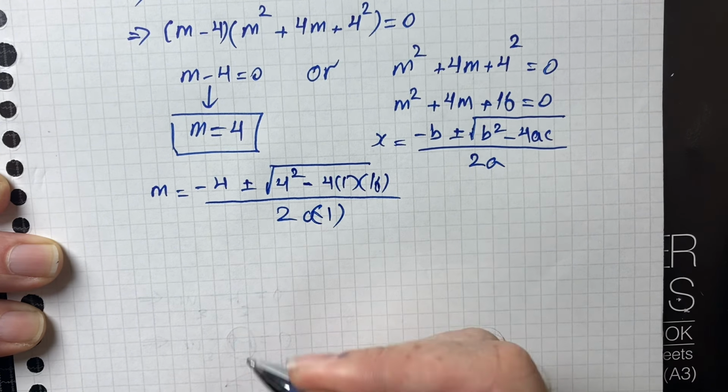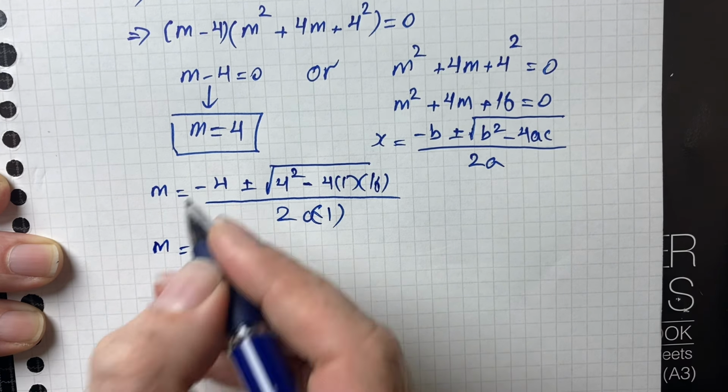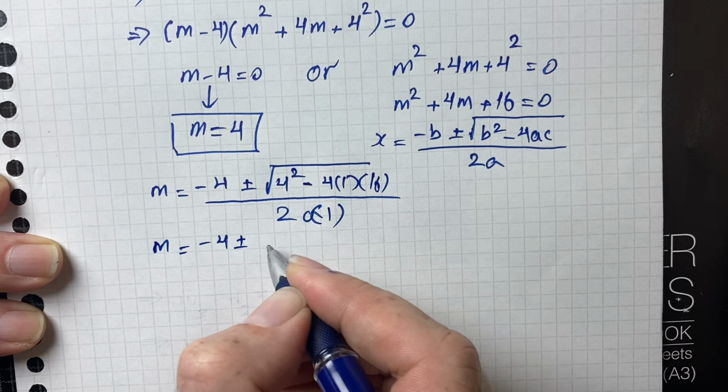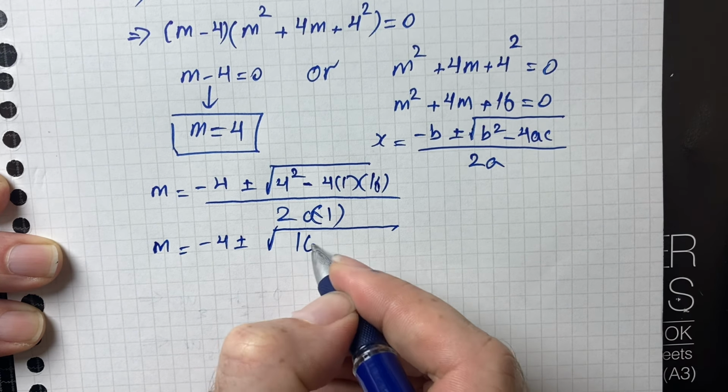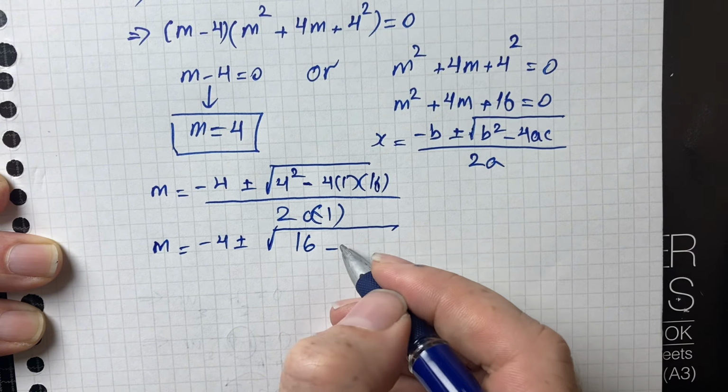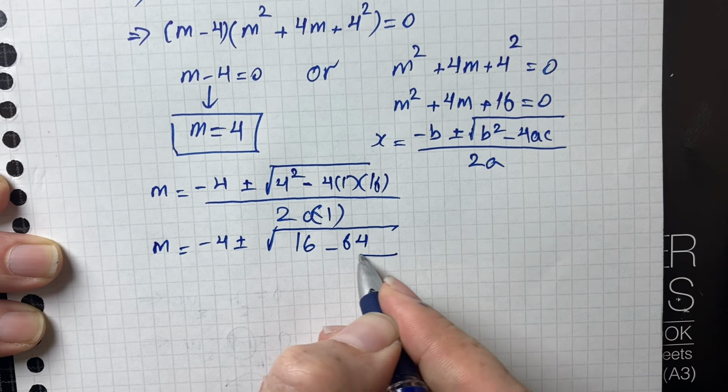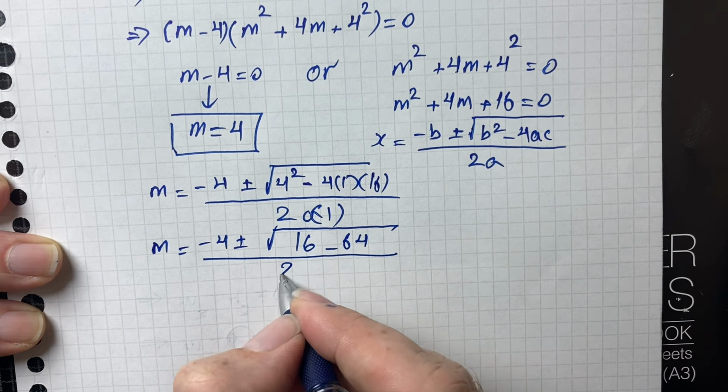a is 1. So m is going to be, I write this, negative 4, positive negative square root of 4 squared is 16 minus 4 times 16 is 64, over 2 times 1 is 2.